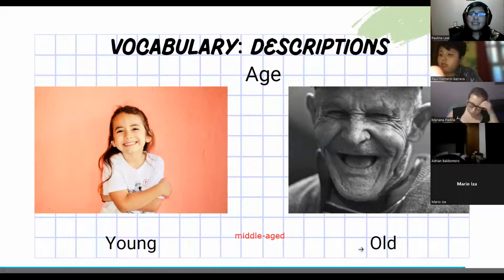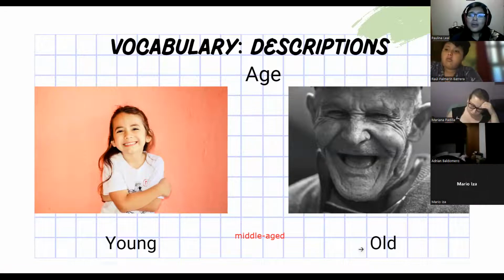And again, same as in Spanish, I'm not going to use have or has. I'm going to use be. I don't say I have young. I say I am young. I don't say he has old. I say he is old. Igualito que en español, chicos.